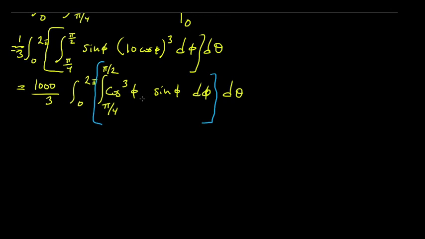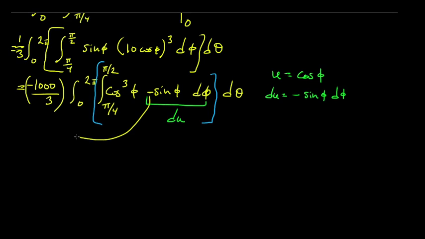My plan is to do this integral next, and that looks like a substitution. If u is cosine of phi, the derivative of cosine is negative sine, so this would be our du. If there was a negative, that's not a problem, just make it negative. Of course, I can't just multiply by negative 1 unless I multiply by negative 1 twice, so a negative times a negative is positive.